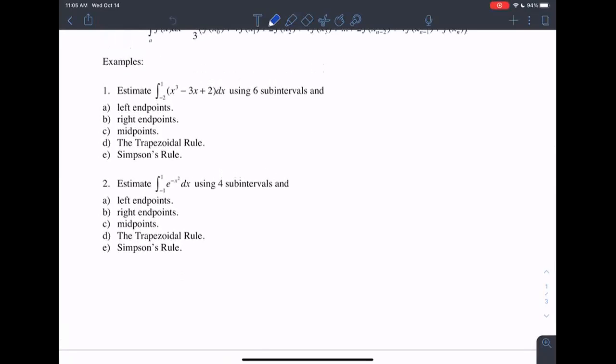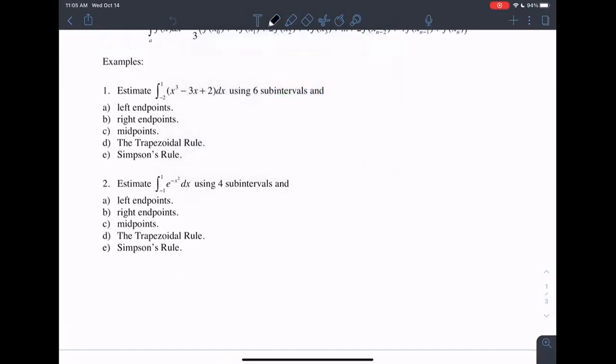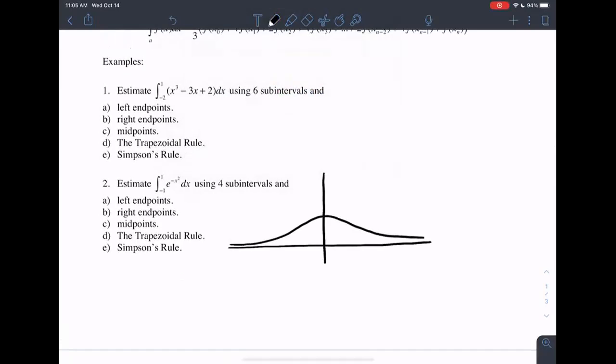So if you draw a picture of this function, always a good idea, no matter what we're working on. Remember, e to a power is always positive. This graph should look something like that, although a little bit more symmetric than I drew it.